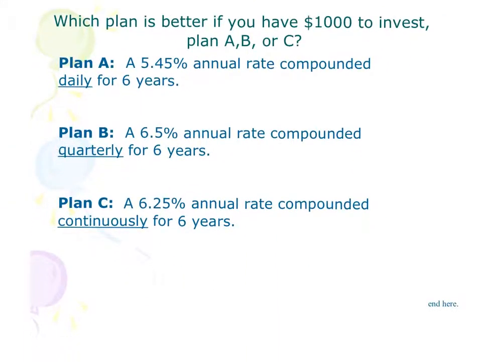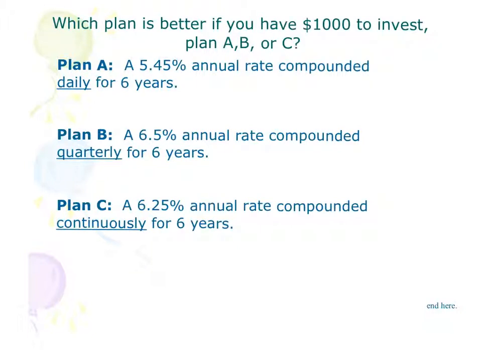All right, last slide down here. I'm going to set these up, but I'm going to let you come to the final answer. We have 3 different scenarios: Plan A, Plan B, and Plan C, and they all involve investments of $1,000 for 6 years, and we just want to see which one is the best. A of 6, 5.45% compounded daily for 6 years. $1,000 invested.